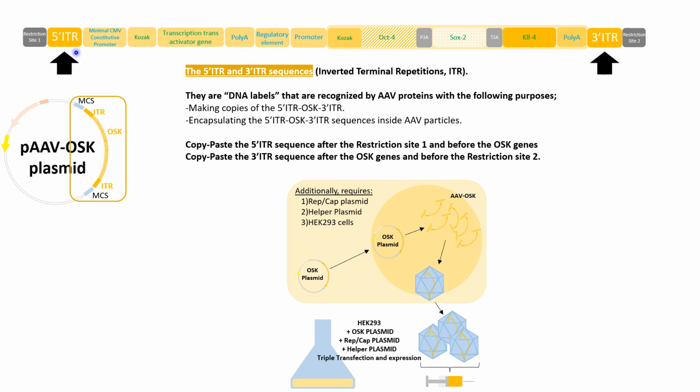These labels, the ITR labels, indicate to the cell, to the HEK293 cells, to mammalian cells, that they have to amplify this sequence. They have to make many copies of this sequence. So these labels indicate to the mammalian cells that they have to produce many copies of what is inside. And these labels also are responsible for the following thing.